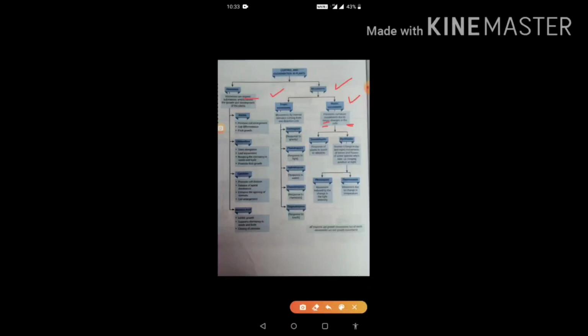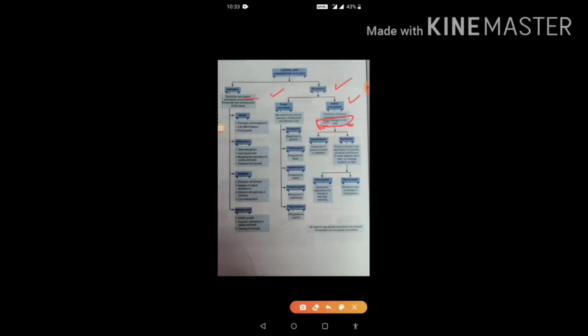That can be an example of nastic movement. So the reason is what? Change in the turgor. When the stimulus is coming from the plant inside, these movements are called nastic movements.